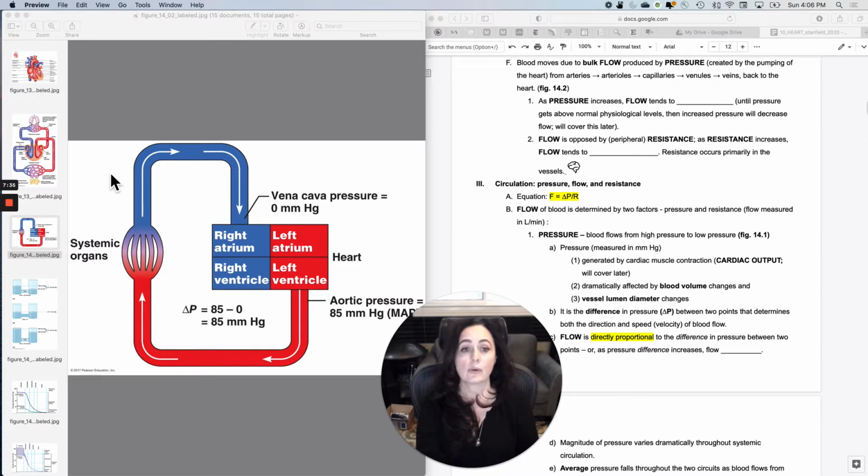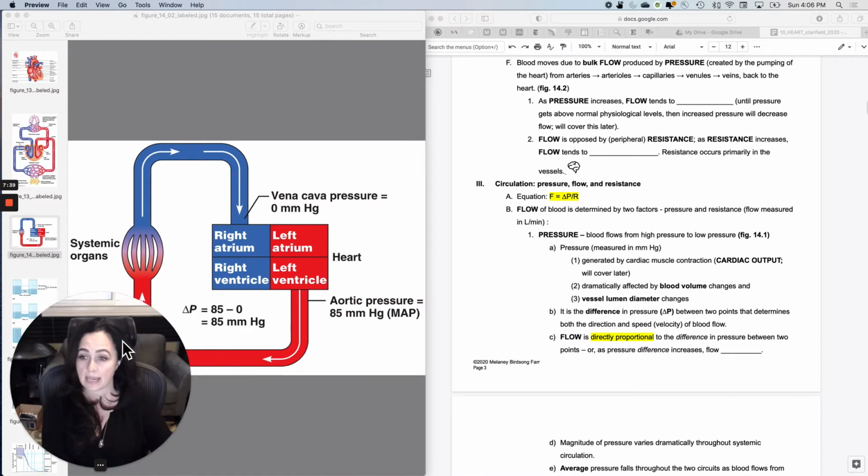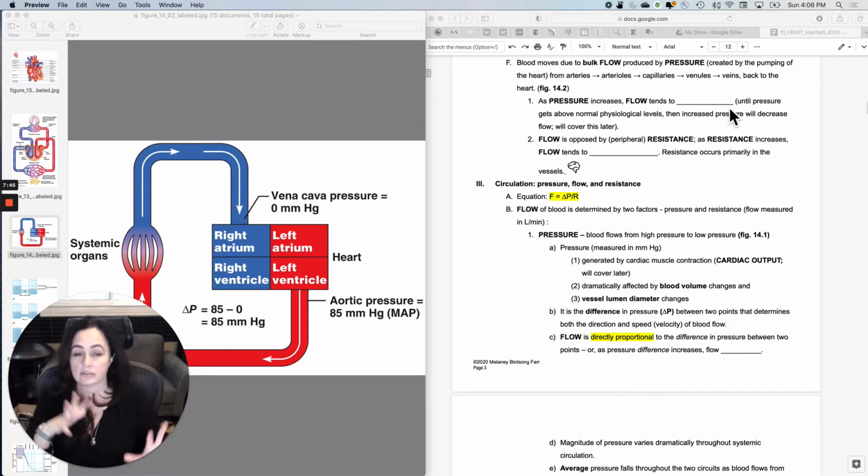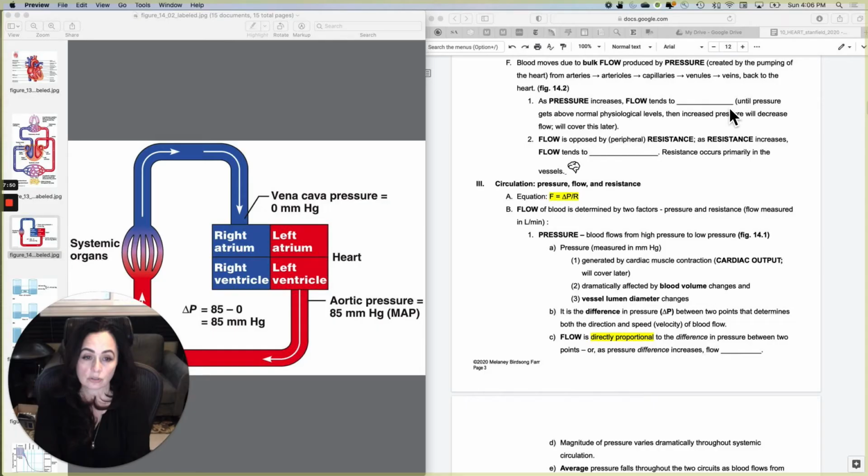Okay, so as pressure increases, what do you think tends to happen? These are some tendencies. As pressure increases, flow tends to increase, until pressure gets above normal physiological levels, and then increased pressure will decrease flow, but we'll talk about that later.